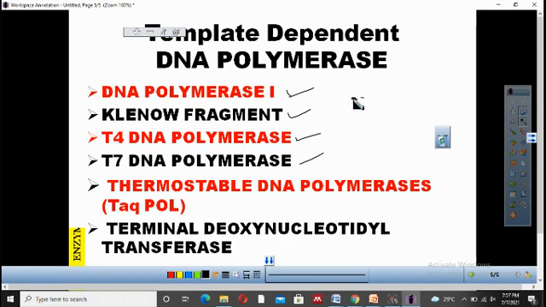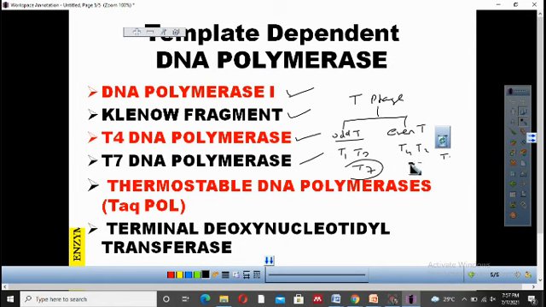So we know that these T phages, tadpole-like phages, exist as odd T phages and even T phages. Odd T phages are given the numbers T1, T3, and even phages like T4, T2, T6. So T7 is an odd T phage, and T4 is an even T phage.